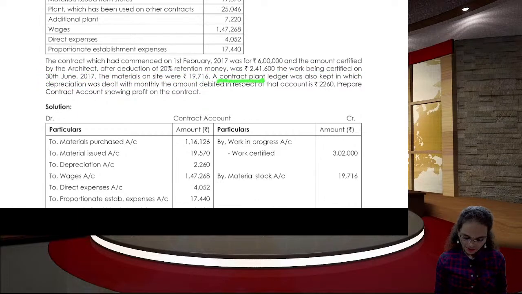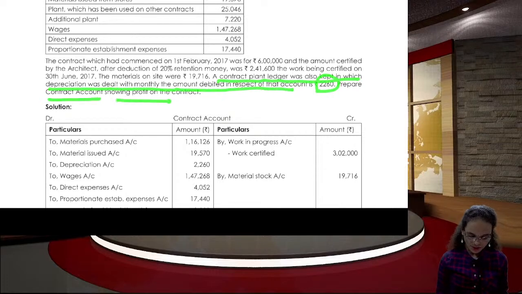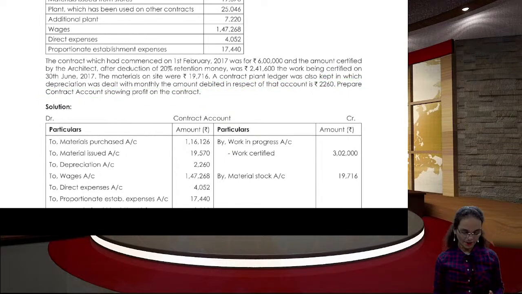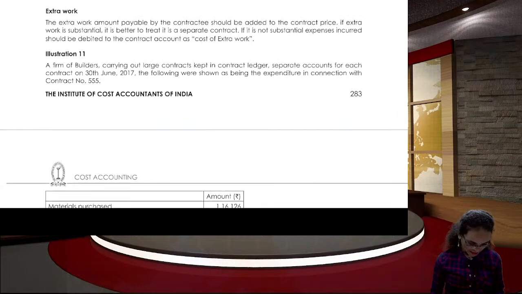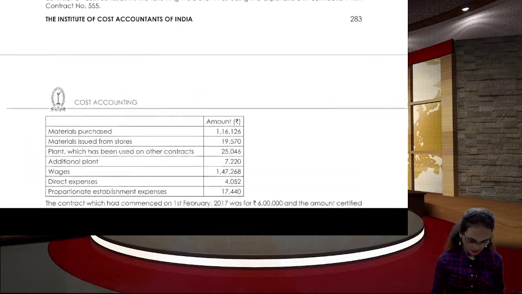A contract plant ledger was also kept in which depreciation was dealt with monthly. The amount debited in respect of that account is this much. Prepare the contract account showing the profit on the contract. Right, this is the first question for the topic.